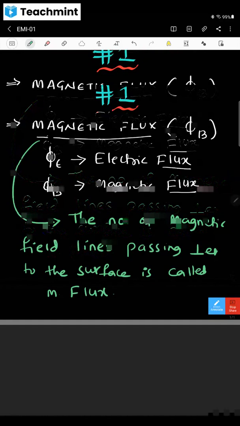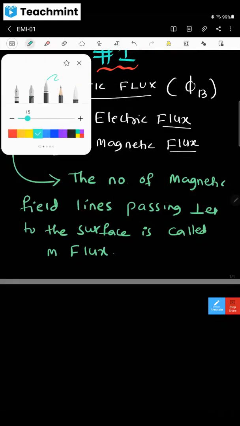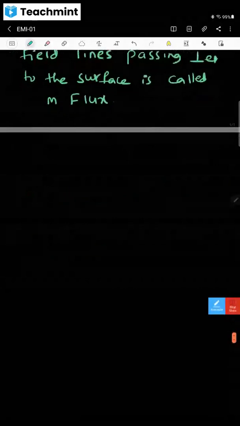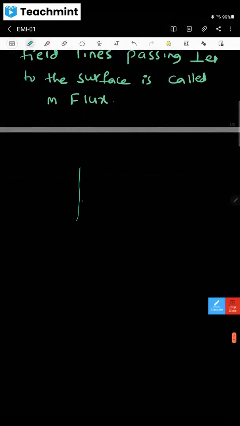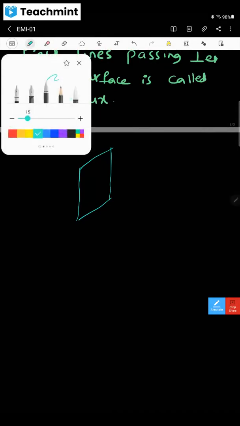Now you must be wondering, what is this perpendicular thing? Look at this. For example, I have one surface here. You understand the meaning of a surface, right?